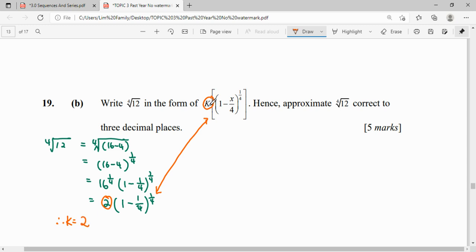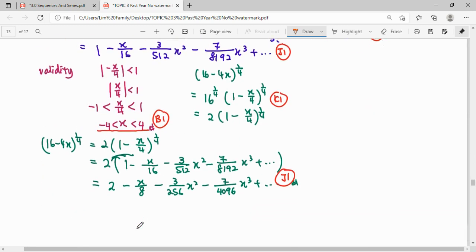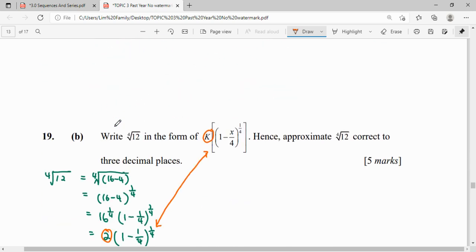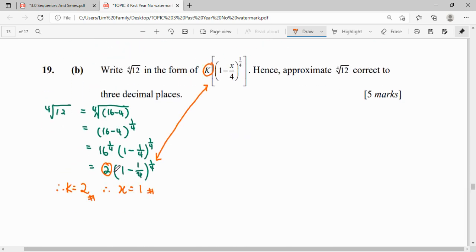You can see the pattern is the same: 1 is 1, power is 1 over 4, denominator is 4, operation is negative. So from here, what can we read out as our x value? It will be x equals 1. Is our x value valid? We refer back to our validity. Yes, it is valid. It is between negative 4 and 4.